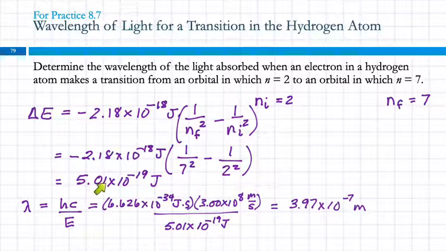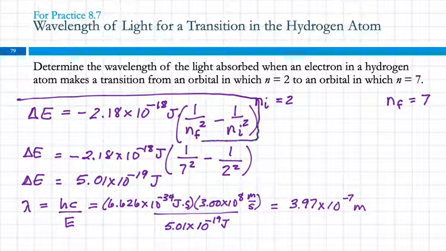This is a change in energy between those two levels. And so that's the energy of the photon that's absorbed or emitted. So that's the equation, with the constant in parentheses, to find the energy for the change.